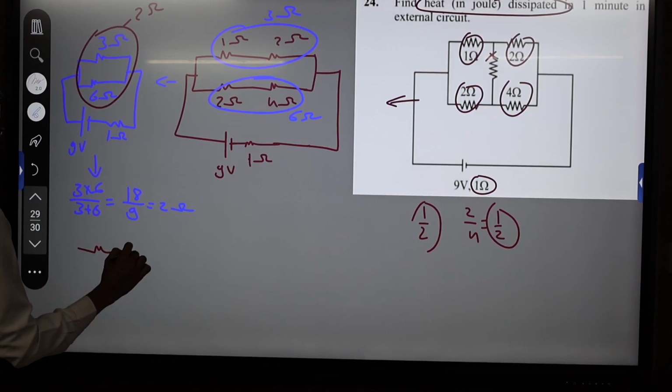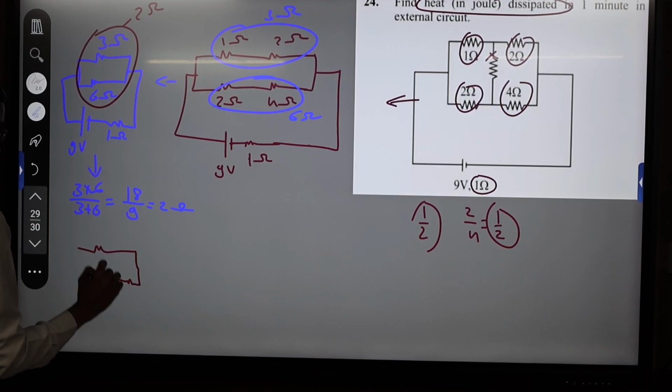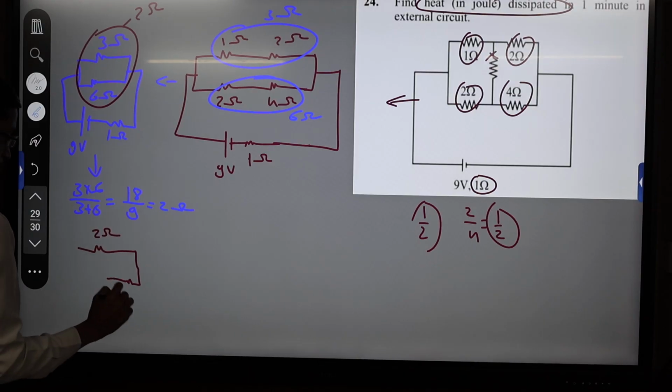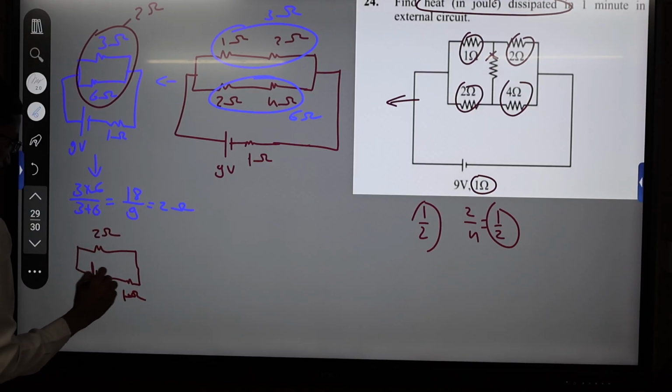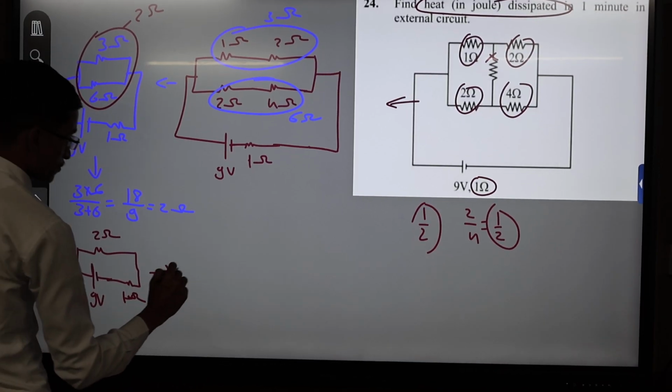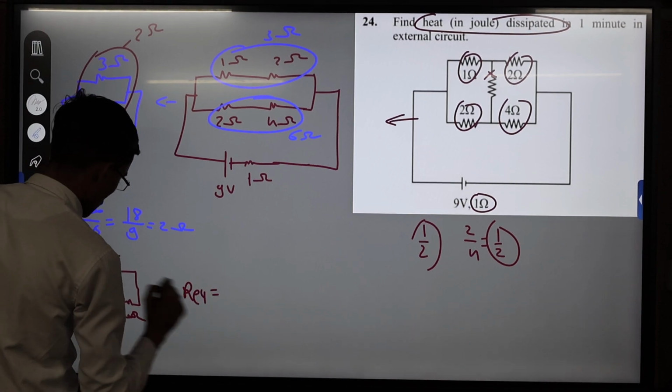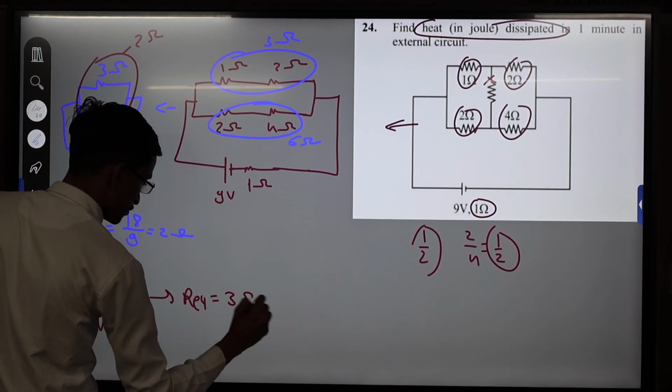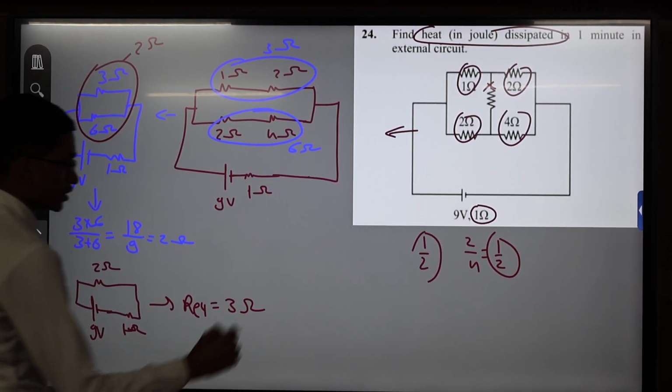Now the 2 ohm resistor and the 1 ohm resistor are connected with the battery of 9 volt. So R equivalent will become 2 plus 1, 3 ohm, and the voltage is 9 volt.